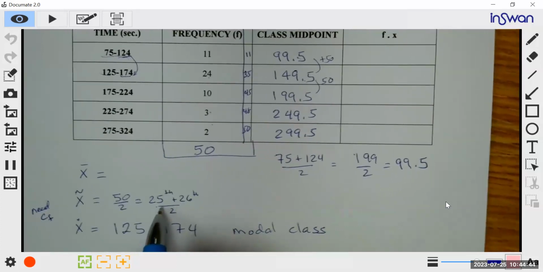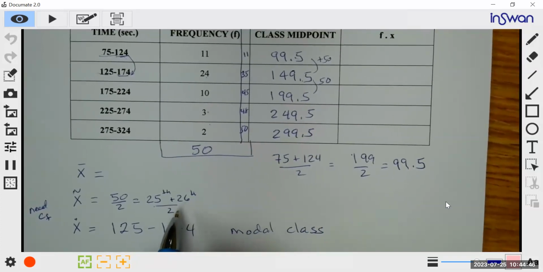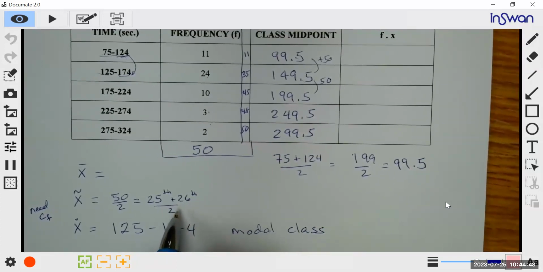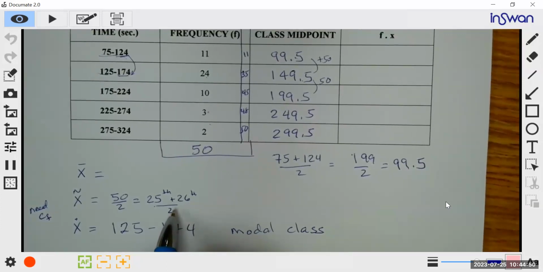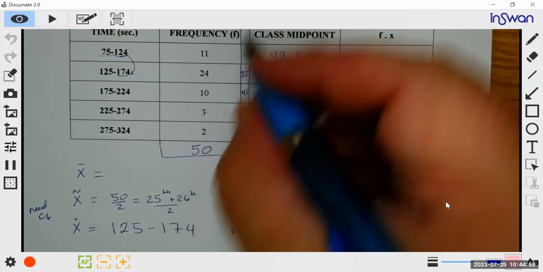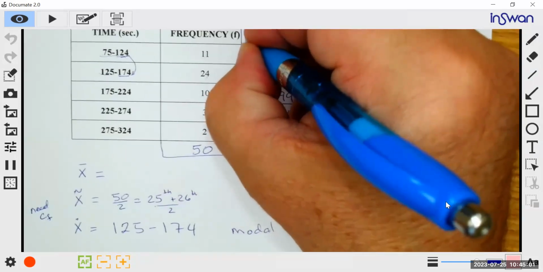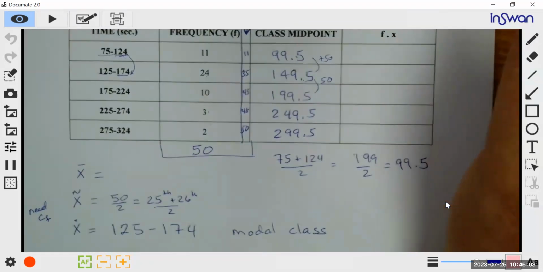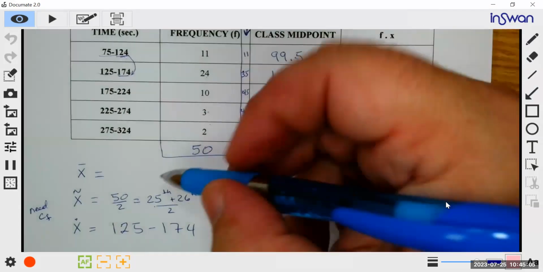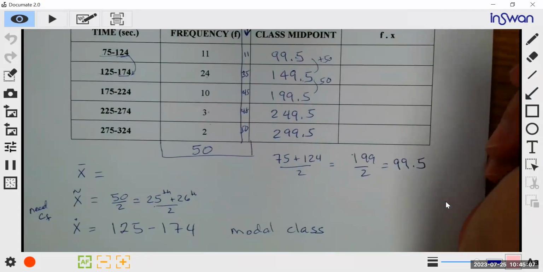So where's the 25th and 26th numbers? You should only look at this column here, the cumulative frequency column. Where's the 25th and where's the 26th number?